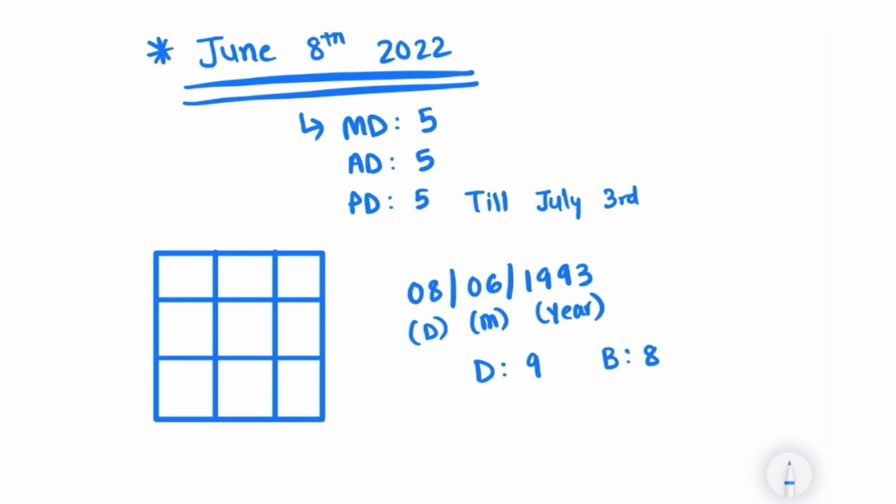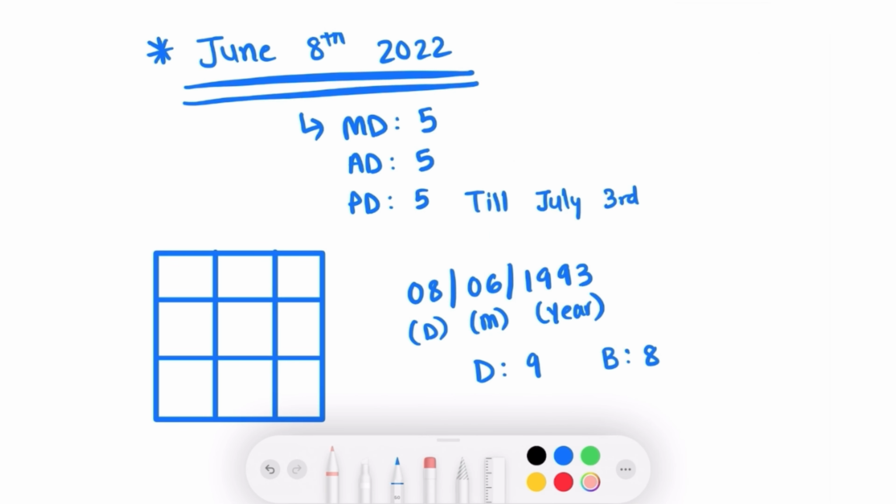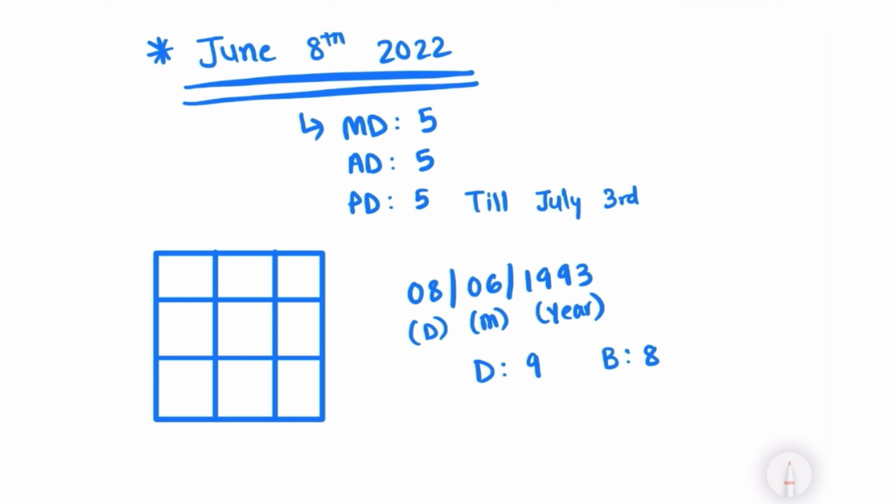Now I plug in all of these numbers in the grid. Let me use a different color. Alright, so first I add 8. And if you don't know where to place these numbers on a grid, please watch my previous video on how to make your own Vedic numerology grid, and you will understand why I'm placing these numbers in a specific box. So 8 goes over here. Then we have 6, which goes in this box.